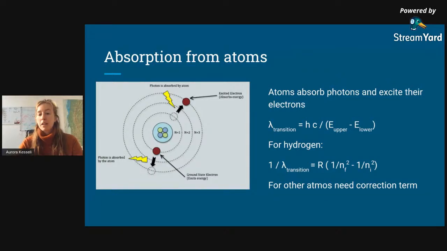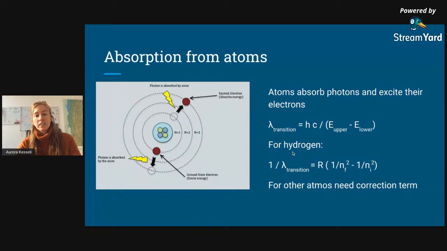So each element and molecule has very specific wavelengths that they absorb at or emit at. And the wavelength of the transition is equal to hc divided by the energy of the upper state minus the energy of the lower state.